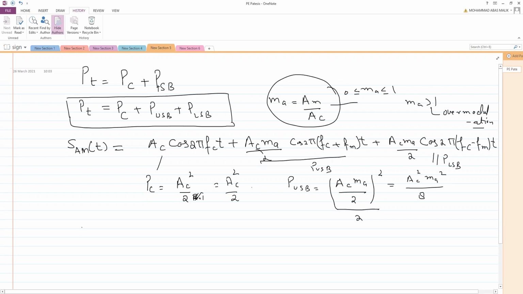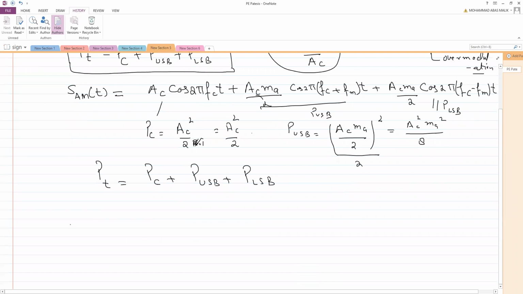So in general, you can say total power will always be equal to carrier power plus upper sideband plus lower sideband power. So in case of AM, PT will be equal to PC plus upper sideband plus lower sideband, that's AC square divided by 2 plus AC square MA square divided by 8 plus AC square MA square divided by 8, right?